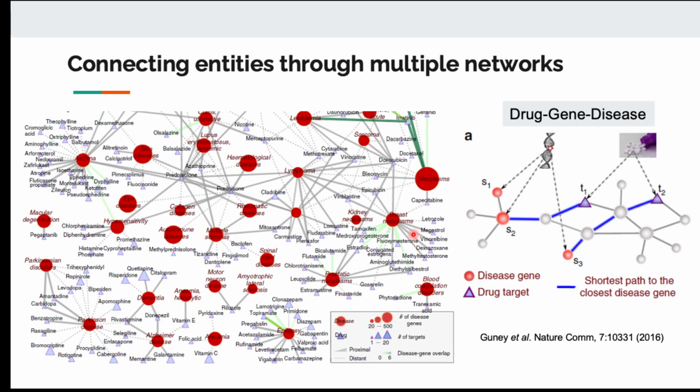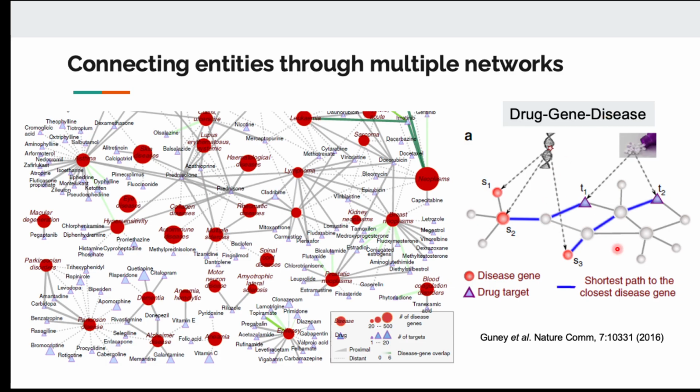Another technique is that we can integrate multiple types of networks. For example, if you integrate a drug and gene network, you know which drug affects which gene. That's one type of network. You have a network between gene and disease, which gene causes which disease. That's another type of network.